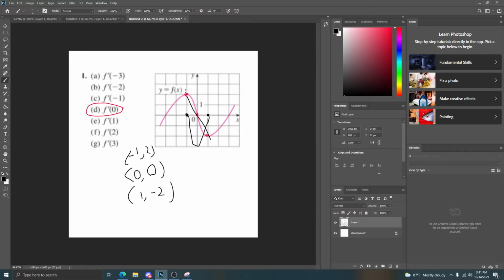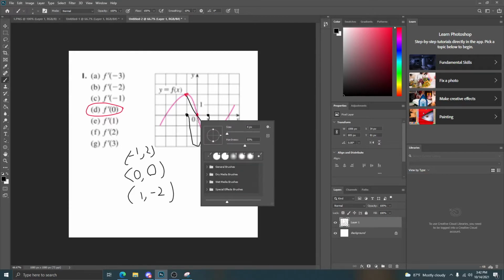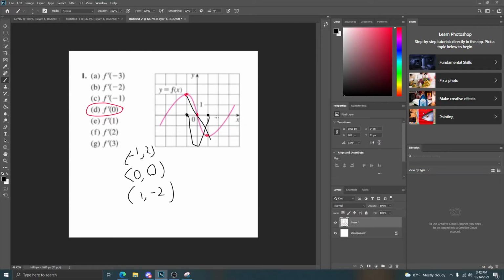How it's supposed to be, I would say that around where the 0 is, around here, the slope is probably at its lowest point, or at its greatest, you could say, like the incline of the graph.